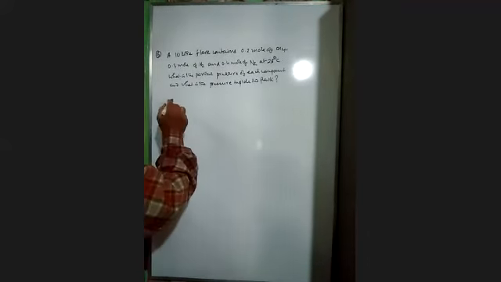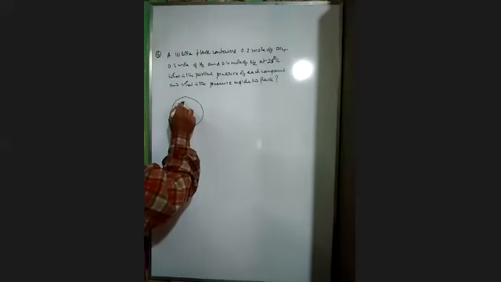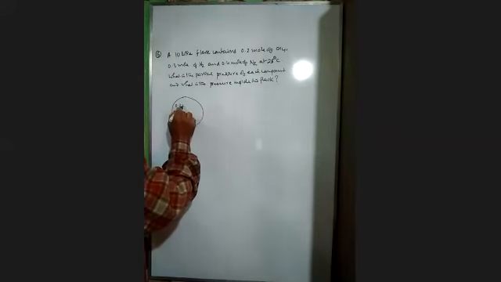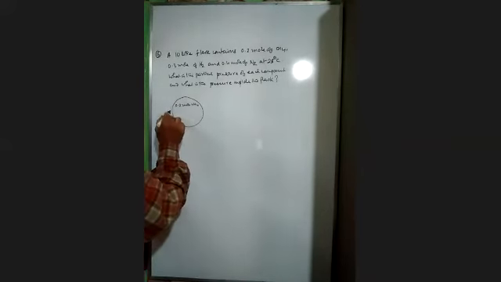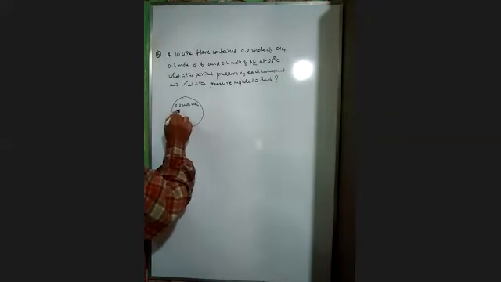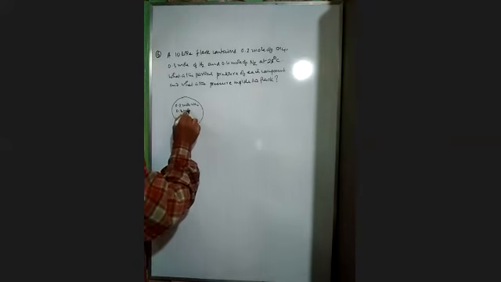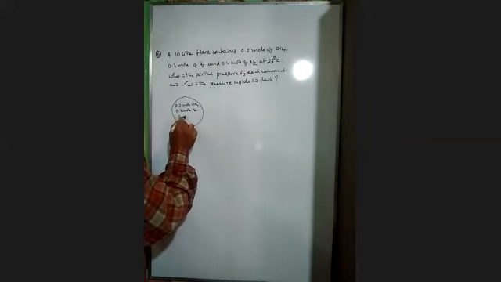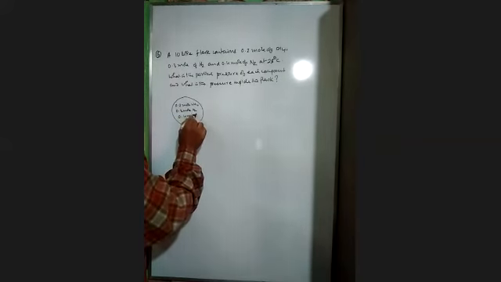Okay, see here. Say this is the container. Here you have CH4, you have 0.2 mole of CH4, then 0.3 mole H2, and 0.4 mole of nitrogen.